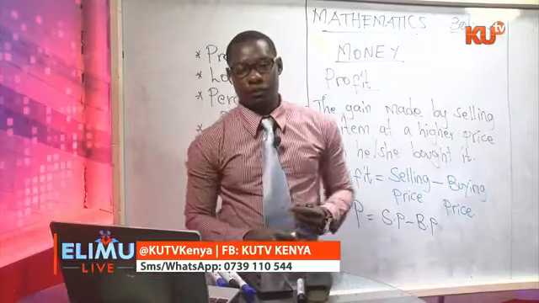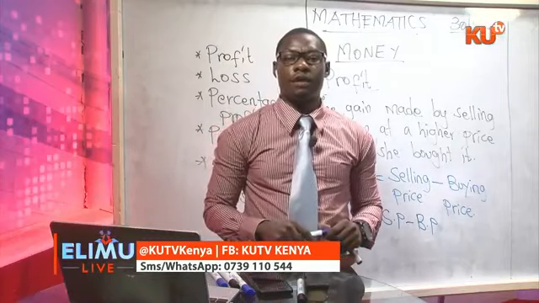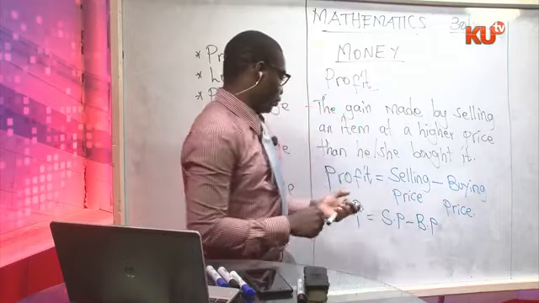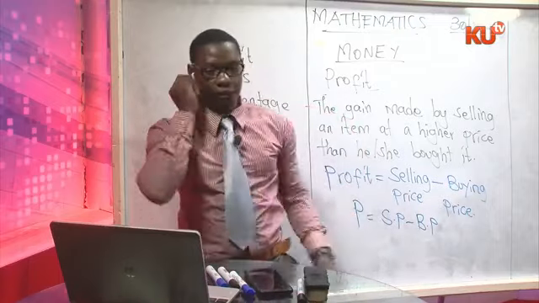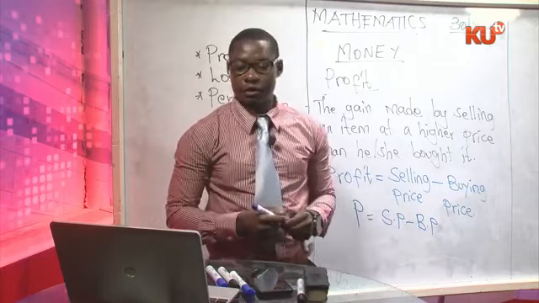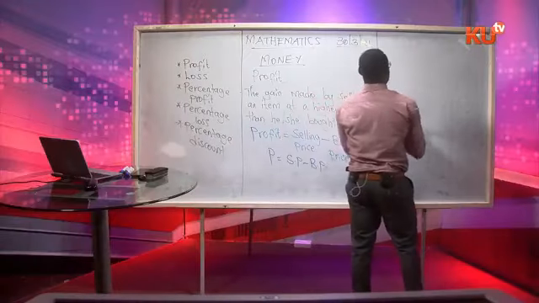To work out profit, you look for the buying price in the question, you look for the selling price in the question, then you can use our formula, which is profit is equal to selling price minus buying price, and then you're able to calculate. So let's look at the solution to this question.